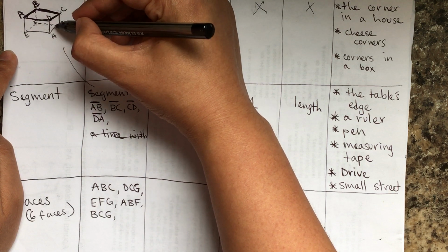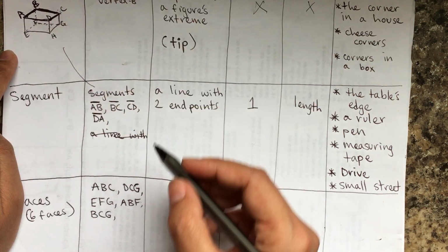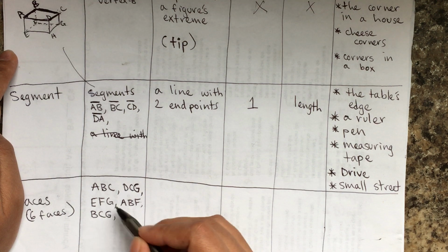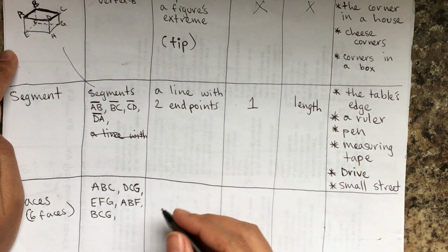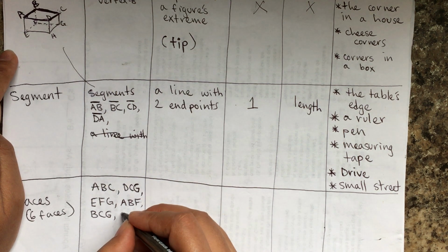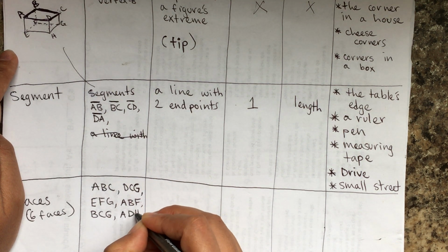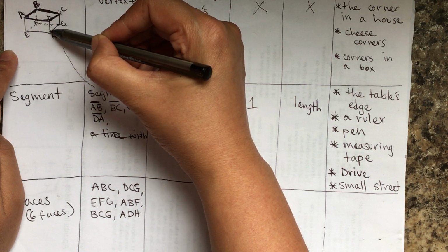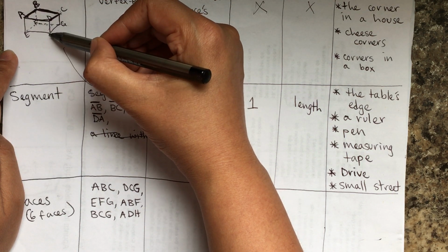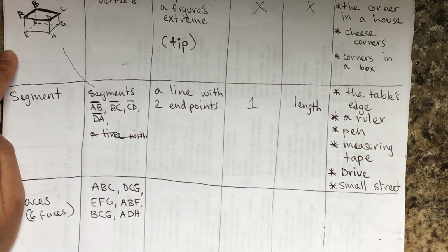Letter C belongs to 3 different faces. But if you are referring to all this group of letters, then it refers to the one in the back. And then finally we have ADH. Oh, all those 3 letters refer to the one in the front, the face in the front.